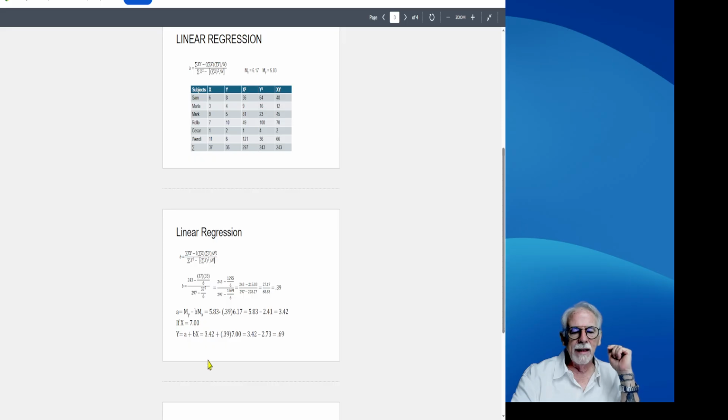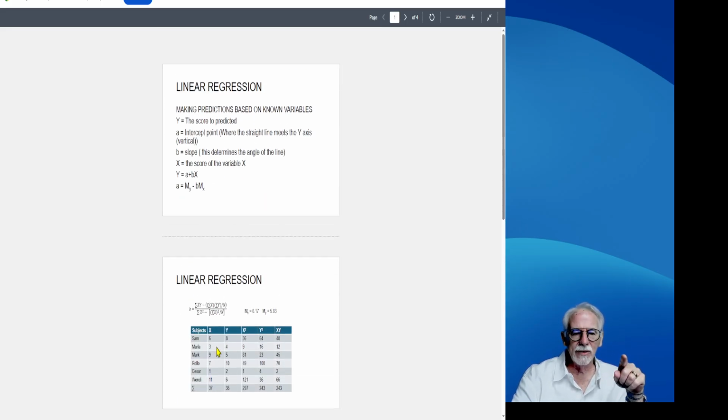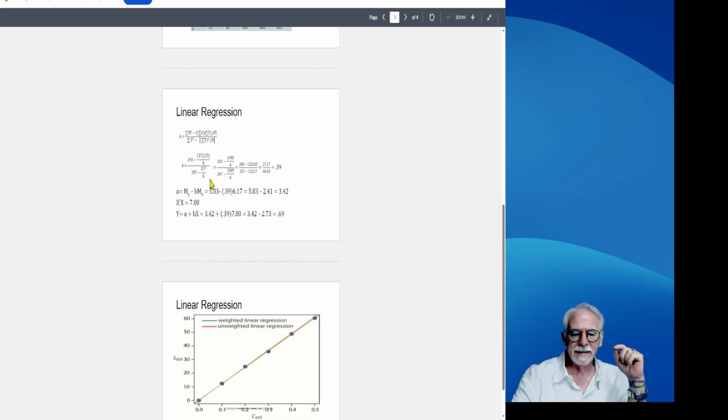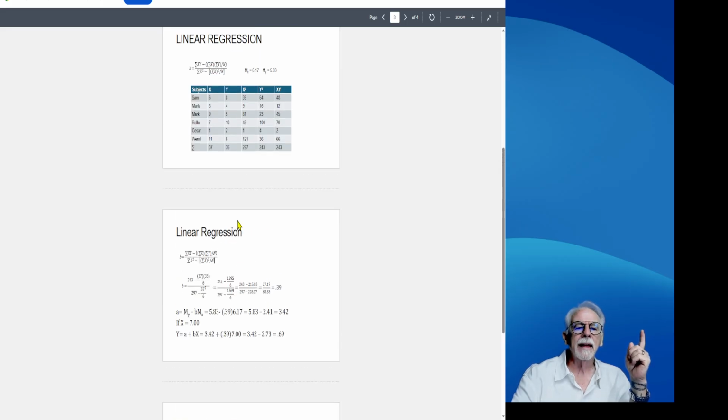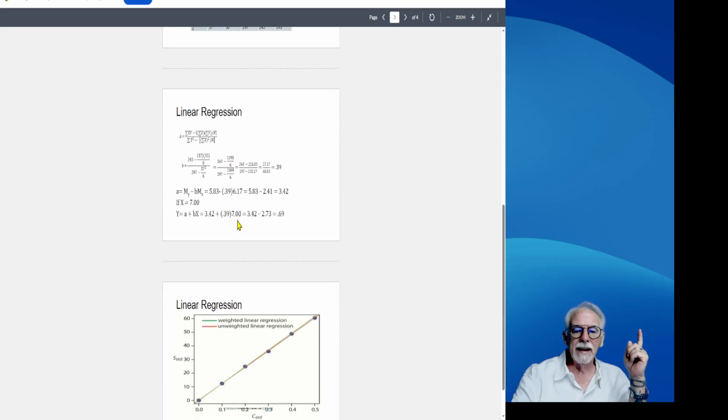So now, if X equals 7 and we want to know what the Y score is, Y equals A plus BX. So we have A, 3.42, plus B times X. In this case, we picked 7, which unfortunately was already there, which is equal to 3.42 minus 3.2, so it's 0.69.